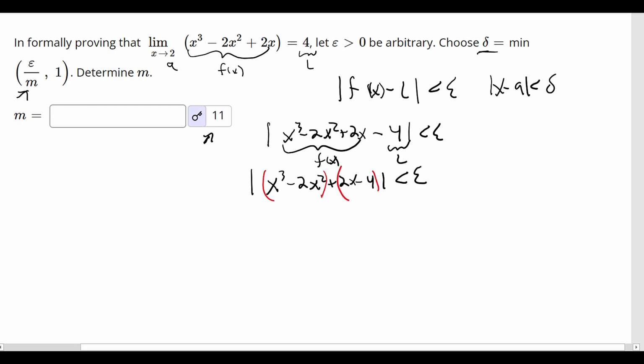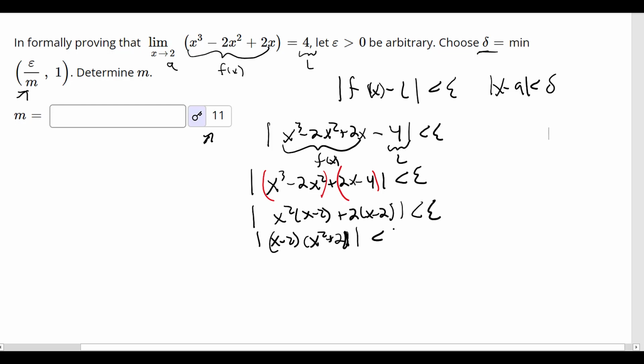You see where I'm going with this yet? Absolute value of x squared times x minus 2 plus 2 times x minus 2 is less than epsilon. And then we would have the absolute value of x minus 2 times x squared plus 2, in parentheses, then absolute value is less than epsilon.